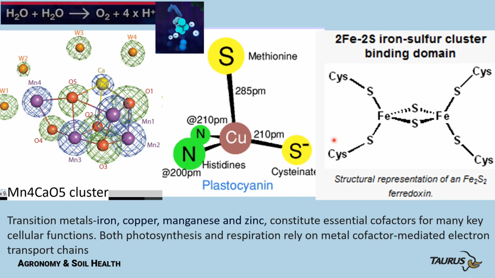Plastocyanin, copper, nitrogen, sulfur. About 30% of the copper in the plant is used specifically in plastocyanin in the electron transport. Iron and sulfur are always hooked together. The iron is used in ferredoxin in that second phase of electron transport, along with a lot of sulfur, cysteine, amino acids there.